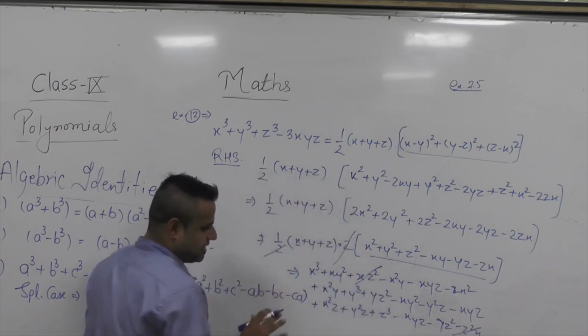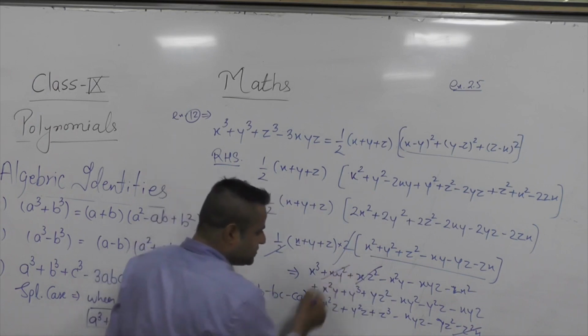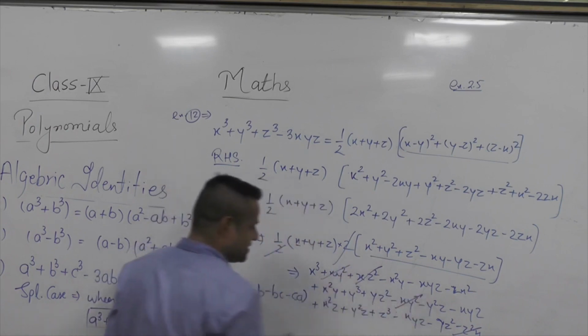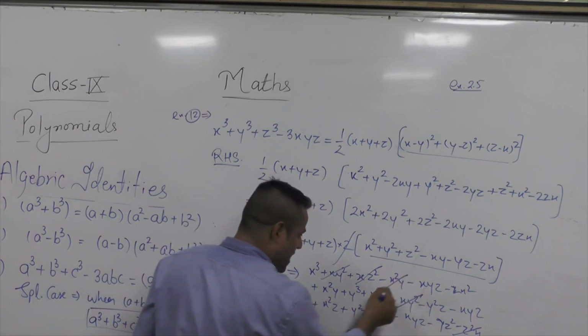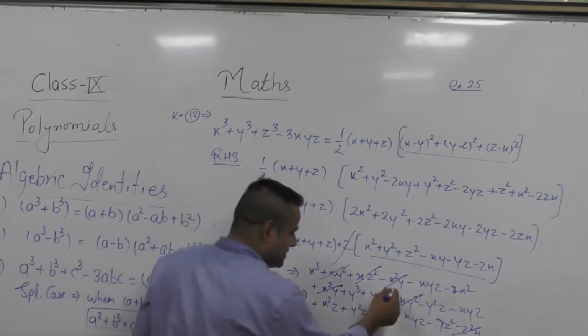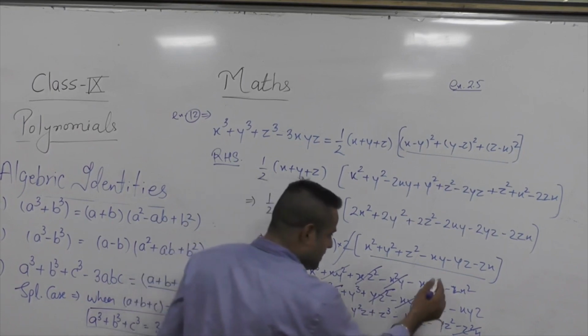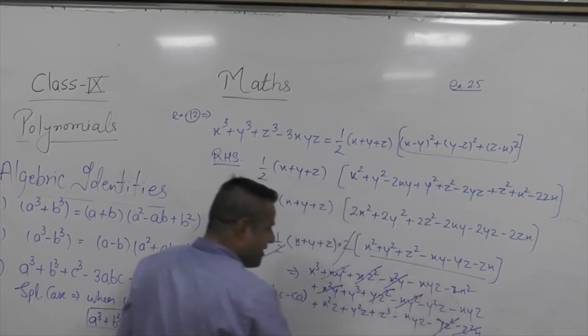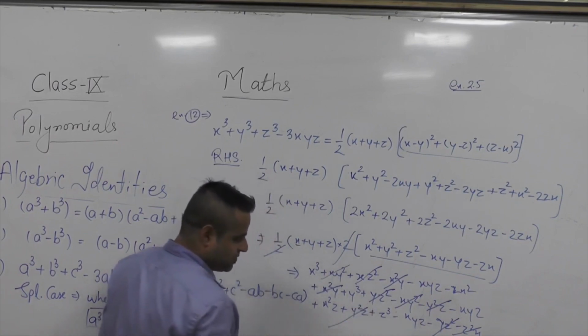Likewise, we can cancel each and every term here. xy square we can cancel, which is minus xy square. x square y we can cancel with this plus x square y. yz square we can cancel with this minus yz square. This minus y square z we can cancel with this plus y square z.